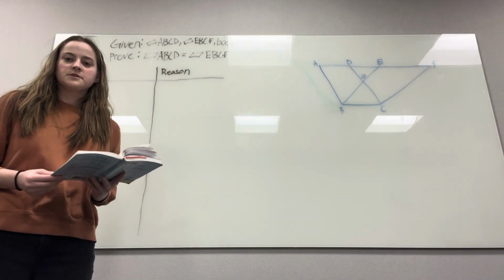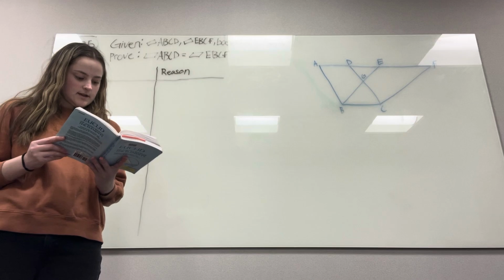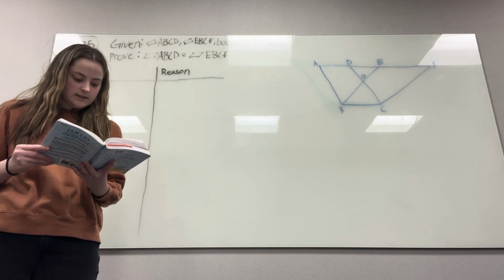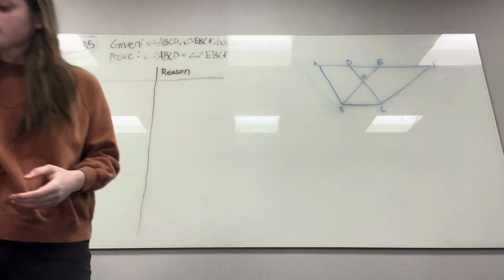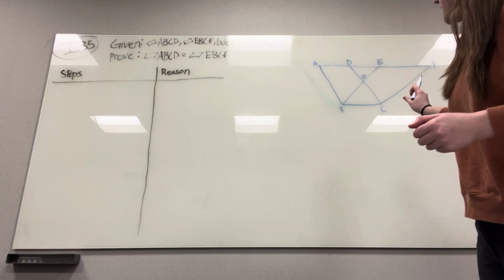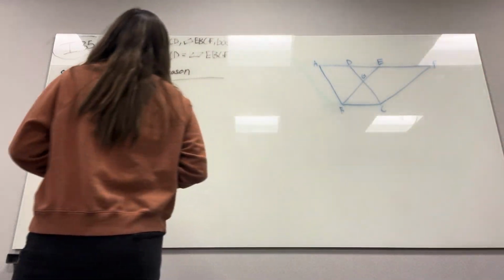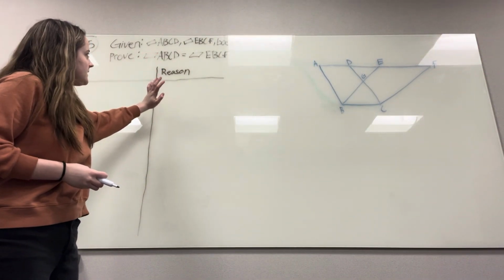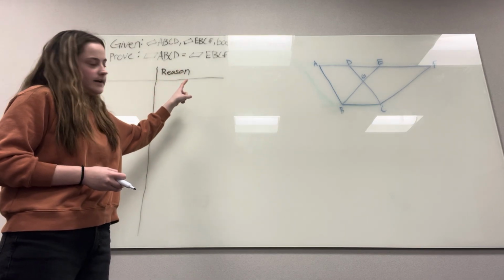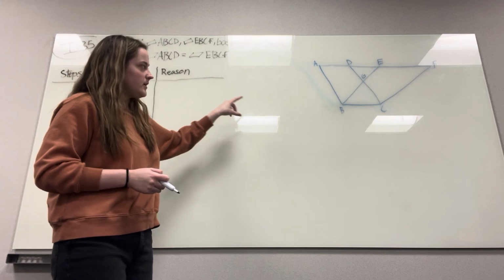For Book 1, Proposition 35, it states, parallelograms which are on the same base and in the same parallels are equal to one another. So, I have already drawn out our shape, and our givens are parallelogram ABCD, EBCF with the base of BC.